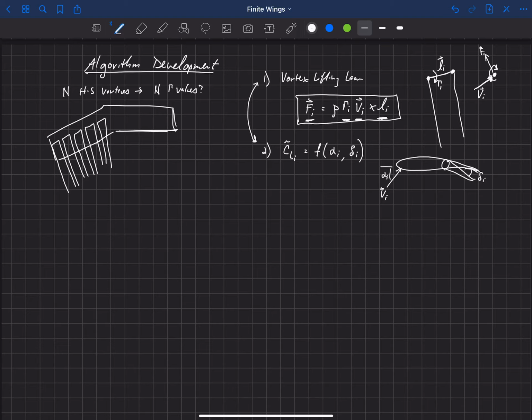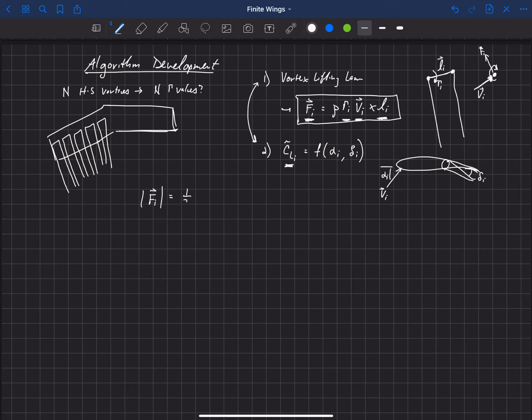Actually, we can't equate a vector to a scalar, right? So this force up here is a vector, and this is a scalar. We can't directly equate those, but actually the force has a magnitude, and that magnitude, let's just write it out here. So the magnitude of that force has got to be equal to, now this is a dimensional force, and so let's put the lift coefficient in dimensional form.